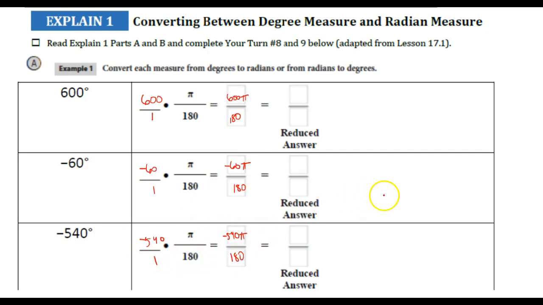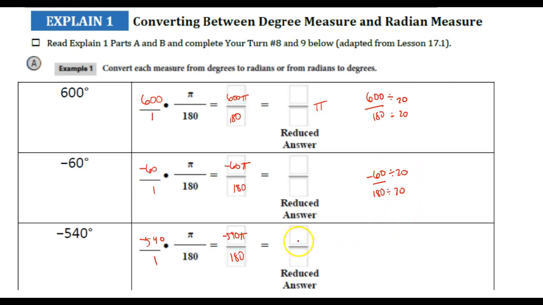Let's go ahead and see if we can reduce, or maybe evenly divide. So I see 600 and I see 180. Let's see if that reduces. Maybe we could take out a 20 from both. So try that out. For this one, try and take out, hey, why not, another 20 out of both.